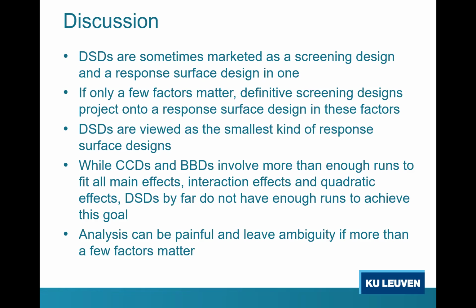But I should immediately add a warning to all of that. It's of course very ambitious to study a lot of input factors with just a limited number of tests. Well, if you try to do that, you're almost guaranteed to have quite a painful data analysis where, even when you do your best to do the most sophisticated data analysis, you will often be left with some ambiguity regarding which model is best, regarding which interaction effects matter the most, which interaction effects matter the least.